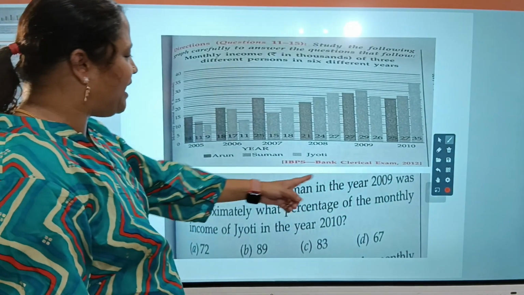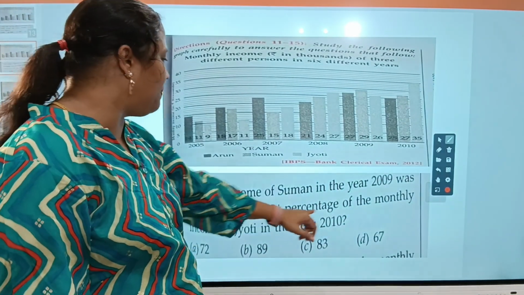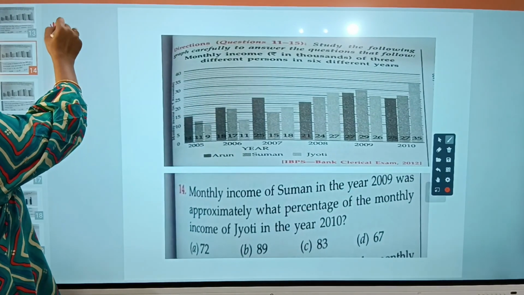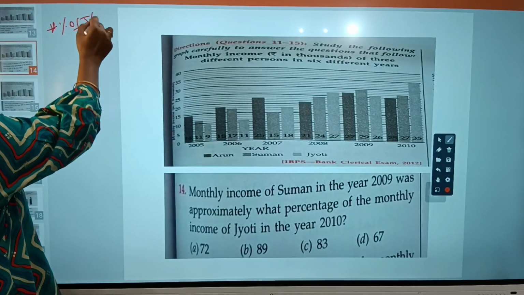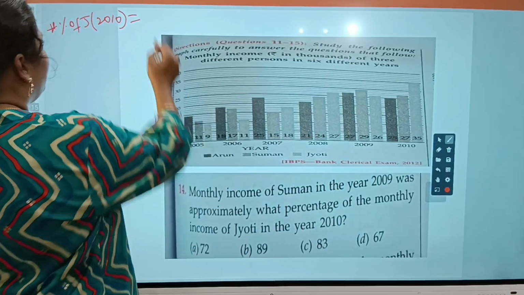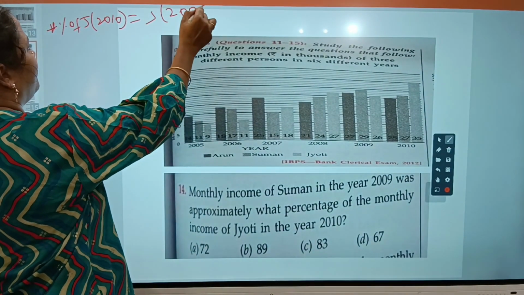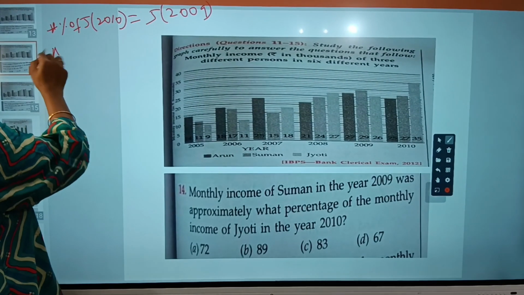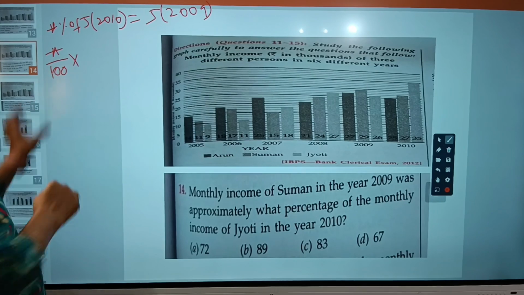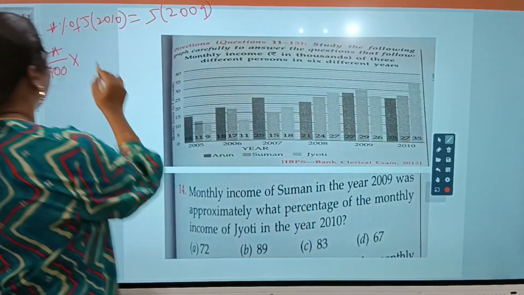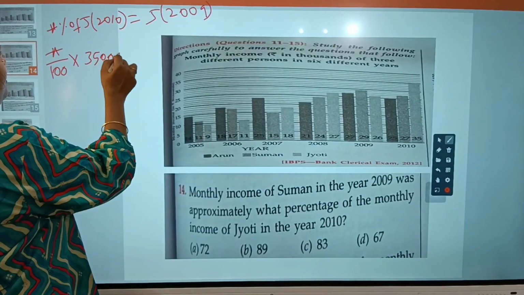Monthly income of Suman in the year 2009 was approximately what percent of monthly income of Jyoti in the year 2010? X percent of Jyoti in the year 2010 is equal to income of Suman in 2009. That is the formula we use here to solve this problem. So X by 100 into Jyoti in the year 2010, how much is she getting? 35,000.